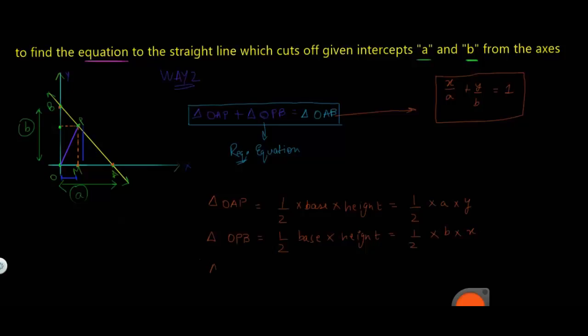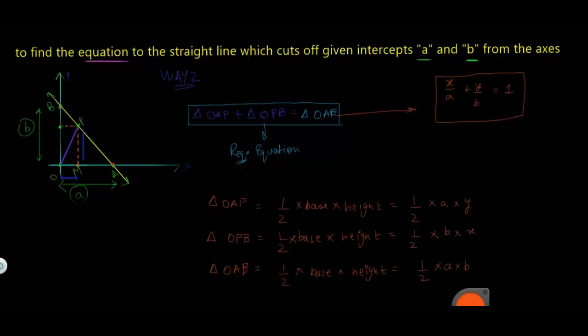And the area of triangle OAB is again half of base multiplied by height, which I'm going to write as half of a into b.